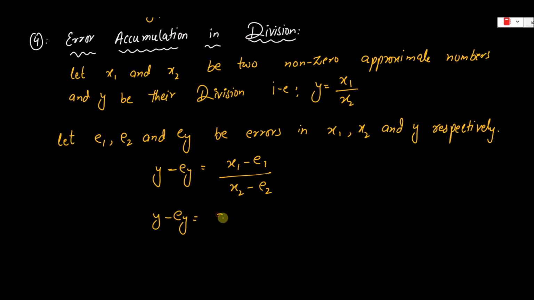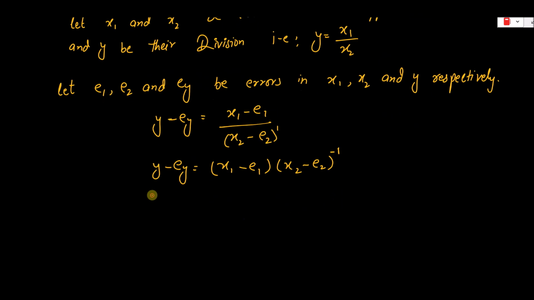That should be equal to x1 minus E1, and we shift the denominator into the numerator. When we shift this denominator into the numerator, here we have the power 1, so when it goes to the numerator, the power becomes negative 1. So in the next part, we are going to simplify it.